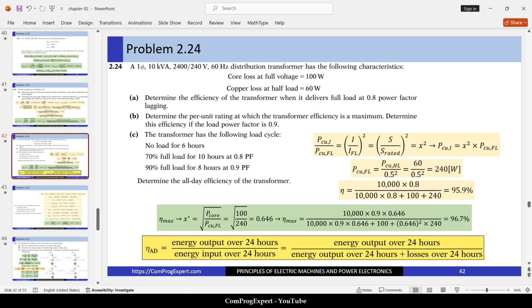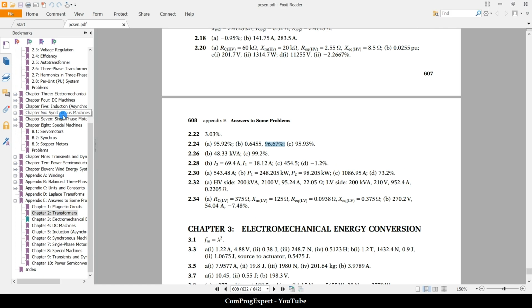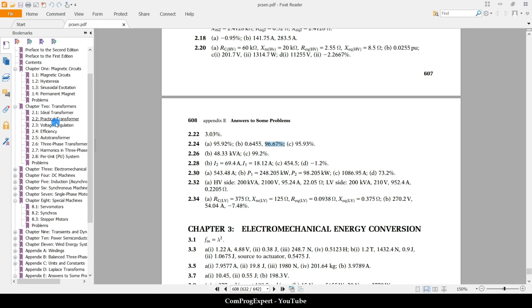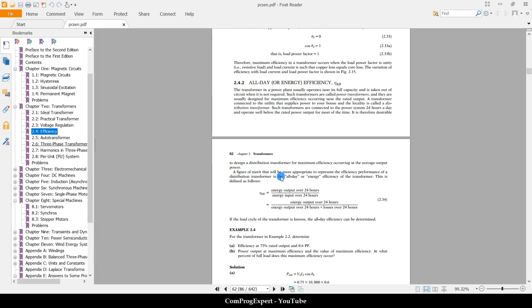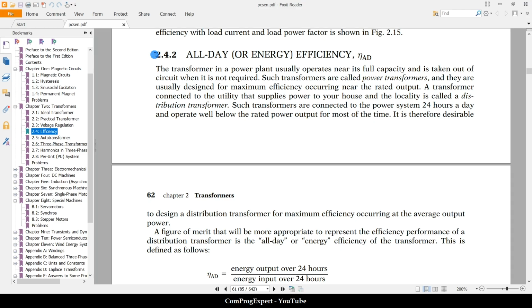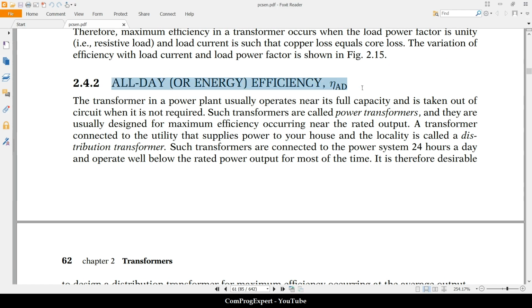What is the definition of the all day efficiency? Let's check the chapter 2 efficiency. Here we have this subsection, all day, or energy efficiency.